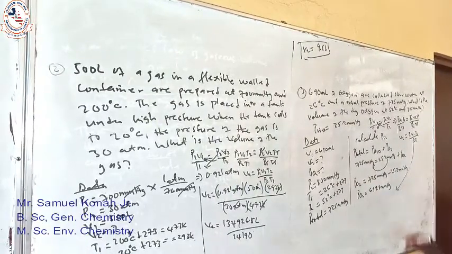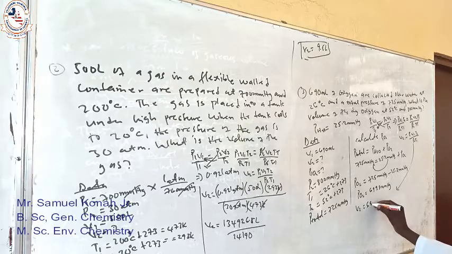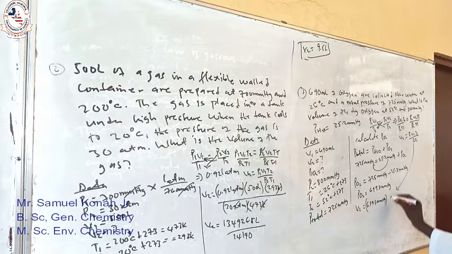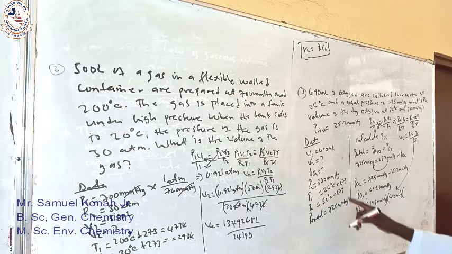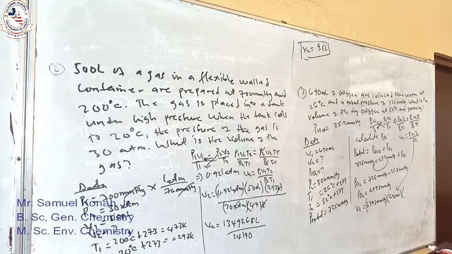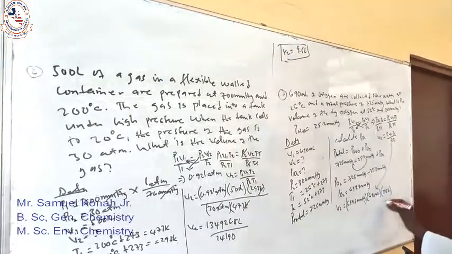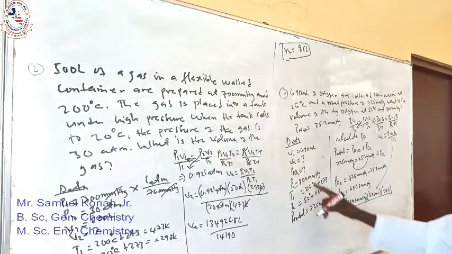If we substitute our values here, our P1 is given to be 699.8 millimeter mercury, our V1 is given to be 690 milliliter, and our T2, if we add 273 plus 52, we have 325 K.